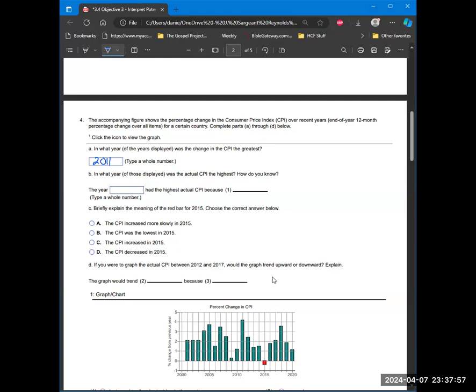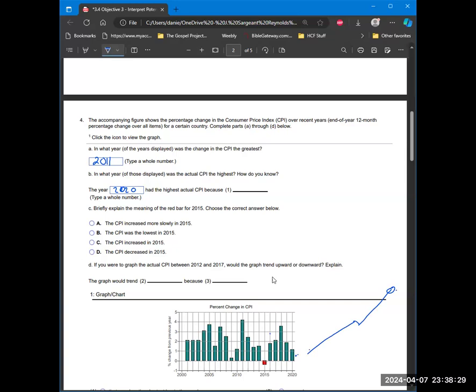So the actual CPI was highest in 2020, and it's because there's been a positive change year over year, except right here. So if you're going up and up and up and up, you go down a little bit, and then you're going up and up and up and up, that this number at the end is going to be the highest number.